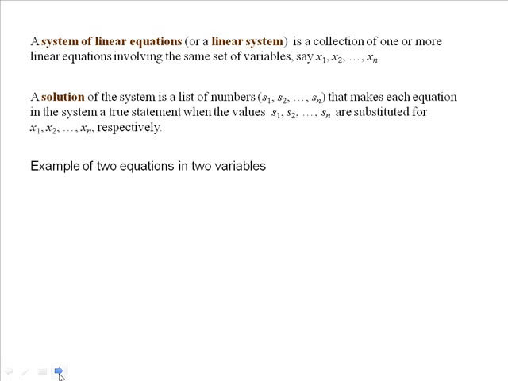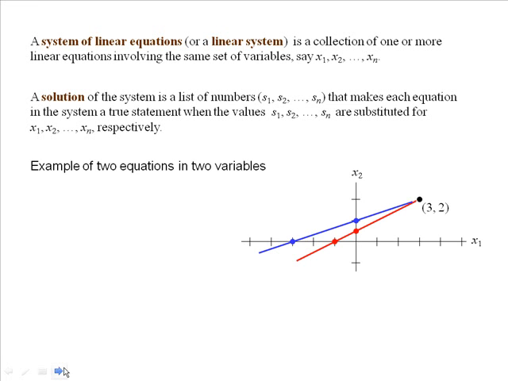So here's an example of two equations and two variables. We have two equations being graphed: x1 minus 2x2 equals negative 1, and negative x1 plus 3x2 equals 3. The first equation is our red line and the second equation is our blue line.